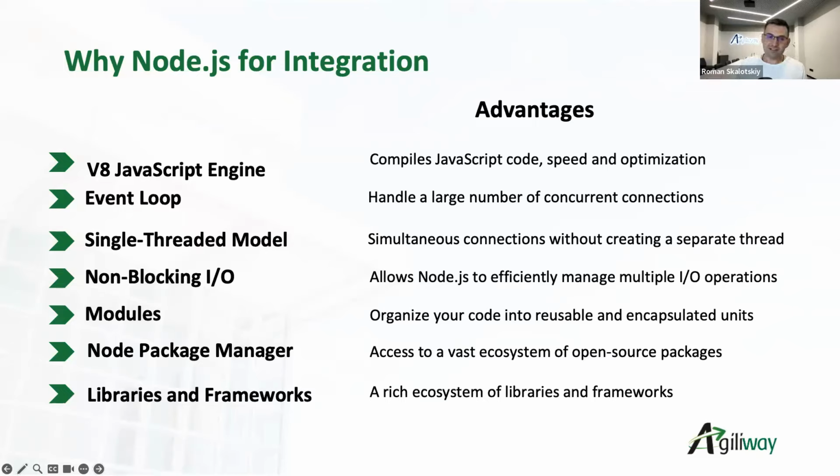And the last one is libraries and frameworks. Node.js has a rich ecosystem of libraries and frameworks that simplify common tasks and provide the abstraction for building a web server or real-time application. Express.js, for example, is a popular web framework for building web applications on top of Node.js.